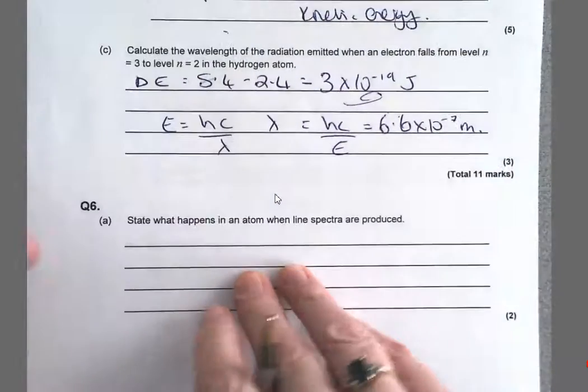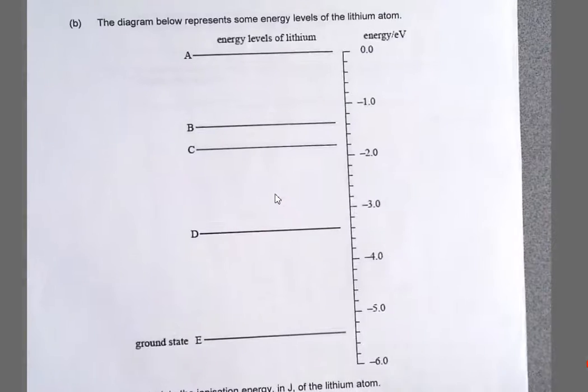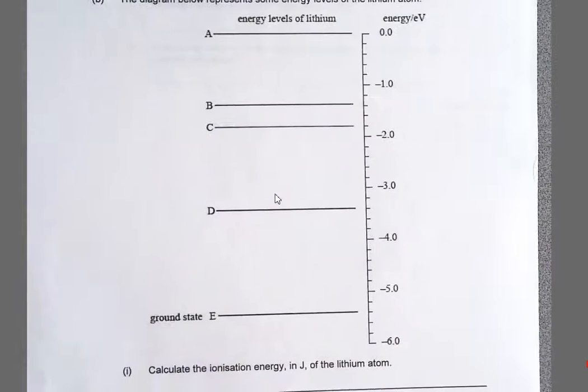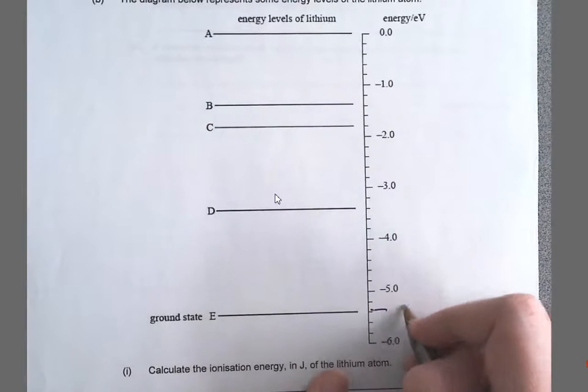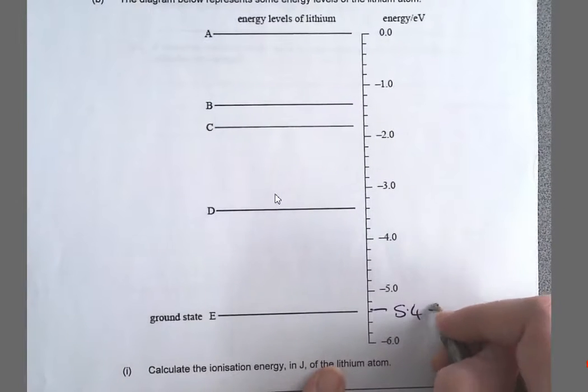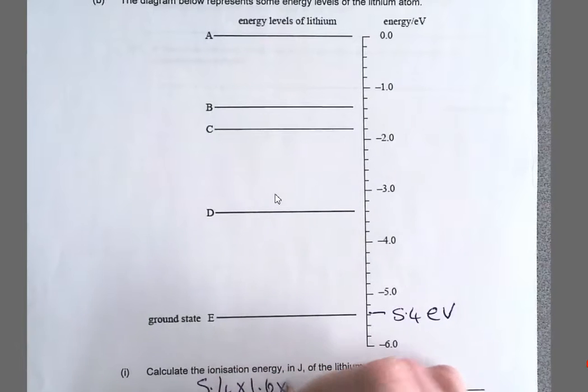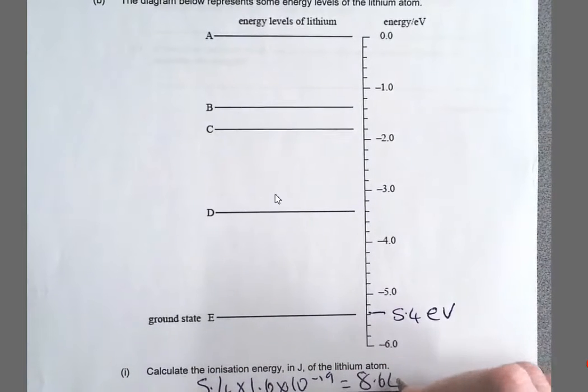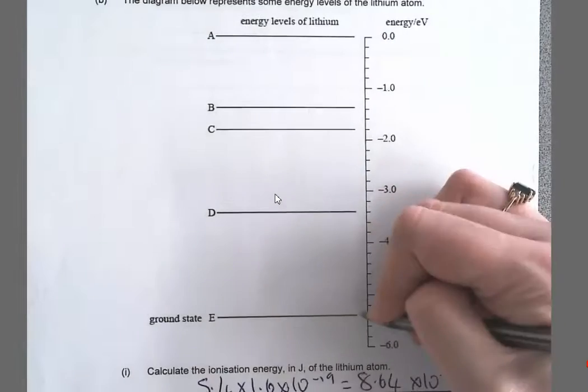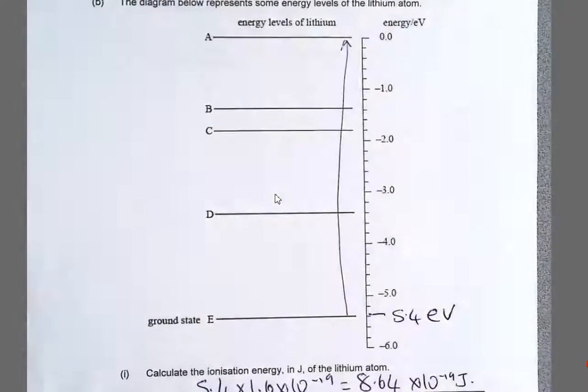Then in B, you've got some energy levels, and it says calculate the ionisation energy of lithium. So this is 5.4 electron volts. So you need to do 5.4 times 1.6 times 10 to the minus 19, which gives you 8.64 times 10 to the minus 19 joules, because that's how much energy you need to get from here out.